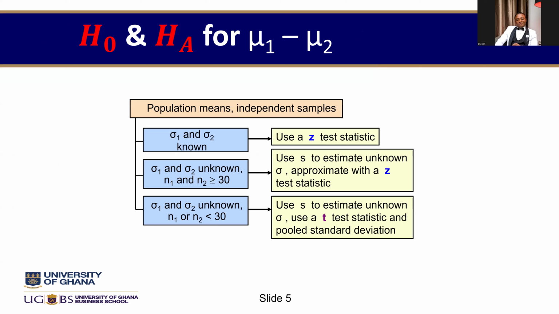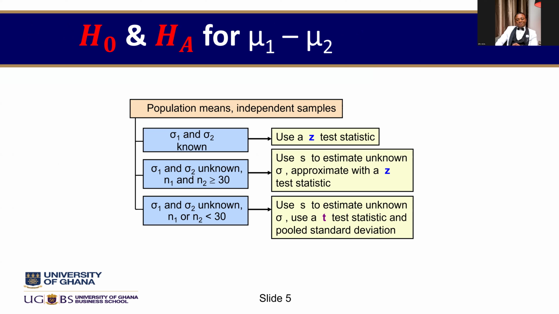Now, the next thing is to calculate the test statistic. And we are calculating the test statistic to check whether there is a significant difference in the mean. Now, there are two tests you got to use, either a Z or a T. We know we use a T when the sample size is small and the population standard deviation is unknown.